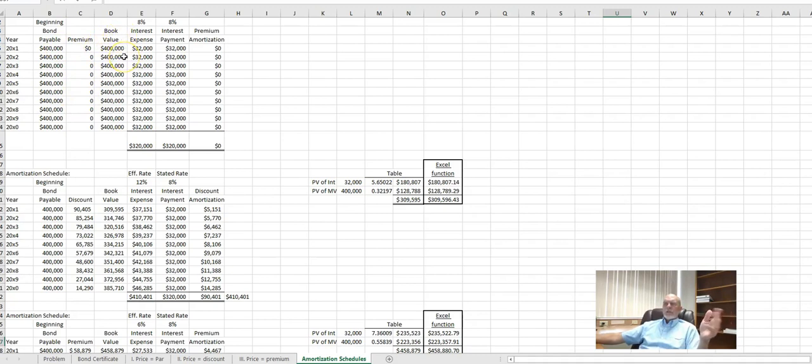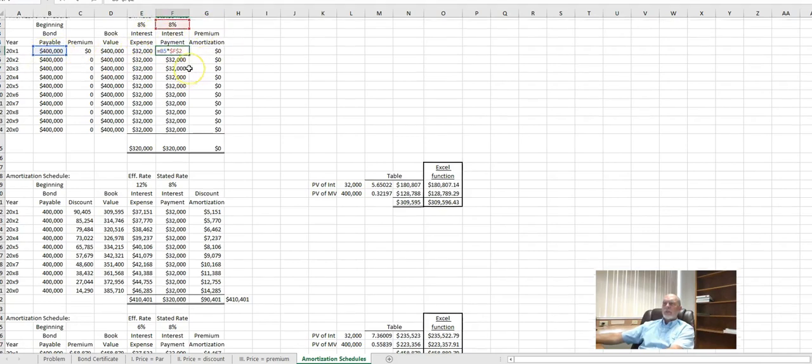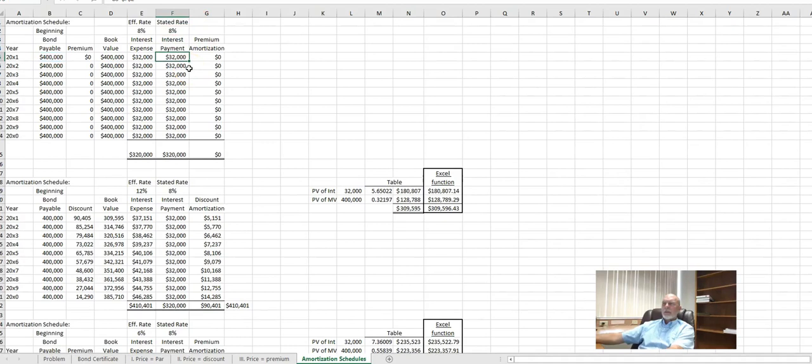So that's your book value or carrying value. Your interest expense is equal to the carrying value times the effective rate. The payment is equal to the face value times the stated rate. And so in the first case, we had no discount or premium. And when you add them all up, the total expense equals the total of the payments.